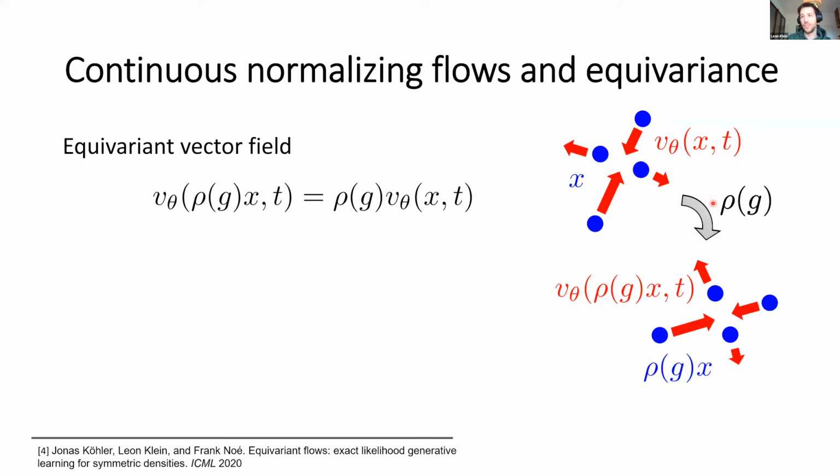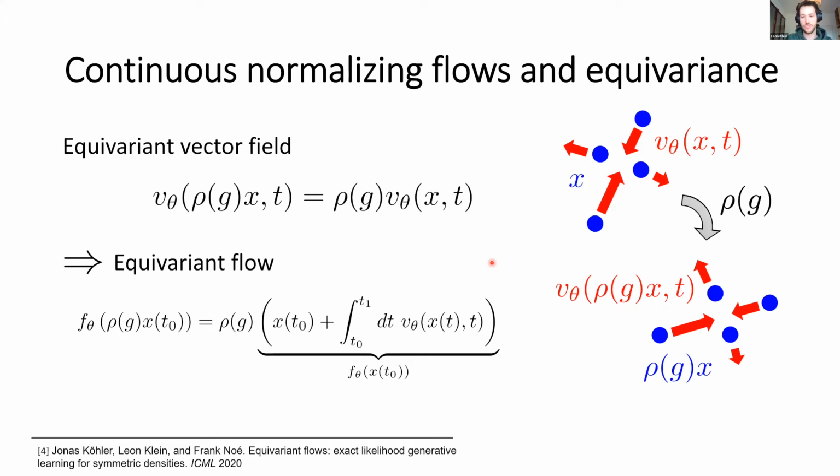And then, of course, our configuration rotates and the vector field rotates accordingly. This is also what the behavior, for example, for forces would be. And the cool thing is, when we use such an equivariant vector field, the whole continuous normalizing flow becomes equivariant. So we now have an invertible equivariant function.